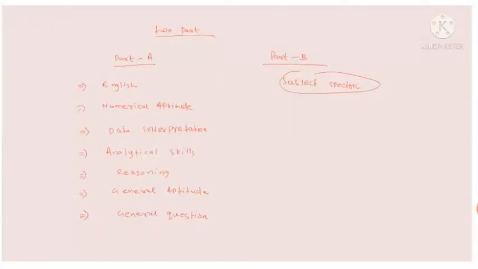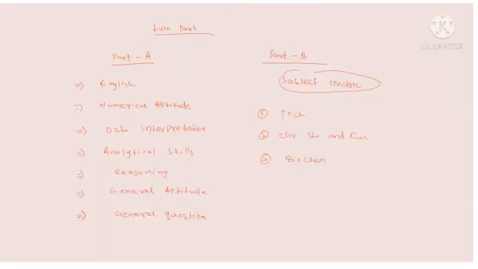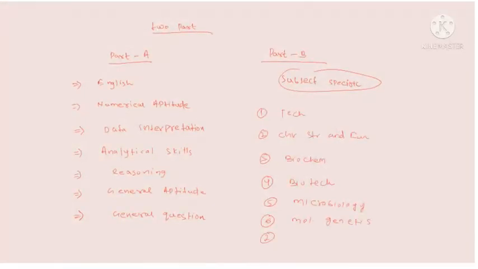And part B for life sciences consists of questions from techniques, then chromatin structure and function, then from biochemistry, then biotechnology, then from microbiology, then from molecular genetics, then plant sciences, and the last section is from animal sciences.